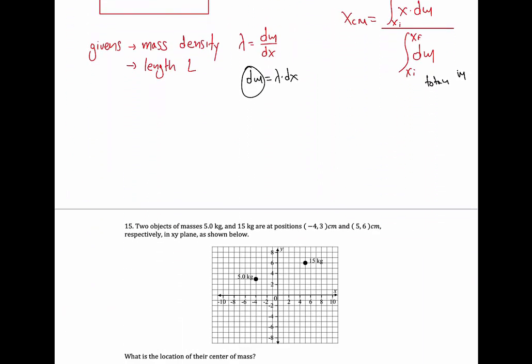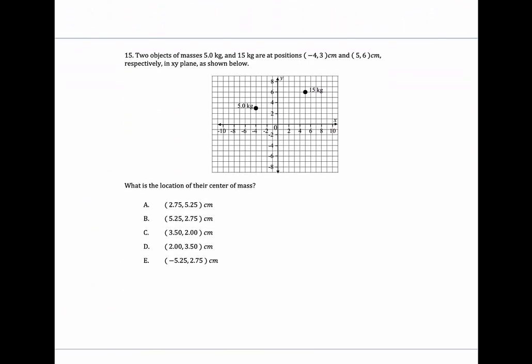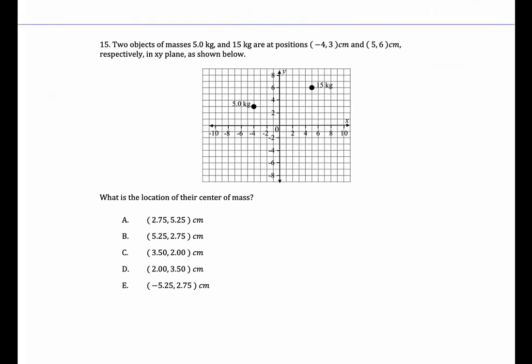Let's see how we can answer a few questions. For the first question, we have a given system of two particles, particle 1 and particle 2, and we need to find the location of the center of mass of the system.